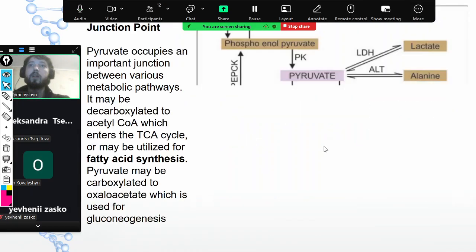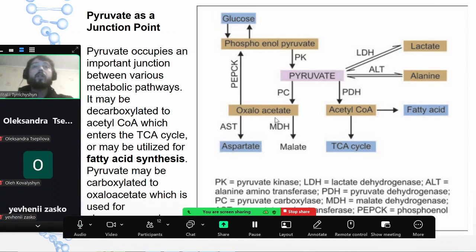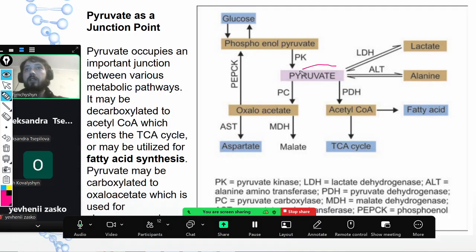So what happens after the glycolysis? So what now? Pyruvate is some sort of a junction point. Here you see pyruvate. Here was glucose. We were able to go down with the glycolysis. We have considered gluconeogenesis, so we can go back up to the glucose.